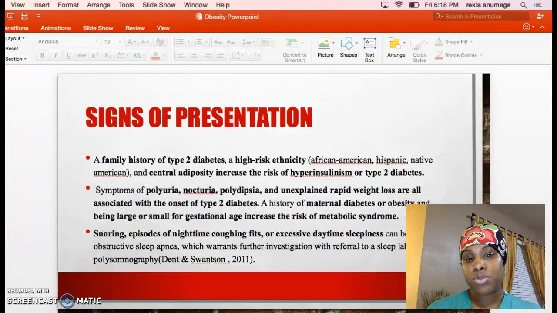You'll have episodes of snoring, nighttime coughing fits, excessive daytime sleepiness. This all can affect the obese patient. A lot of times too, I know just from working with people, your hips, your knees, your leg pains, you can have orthopedic complications just from having that excess weight on you.